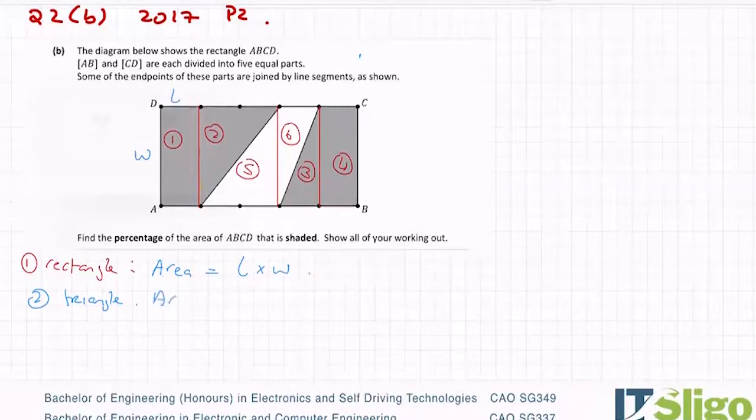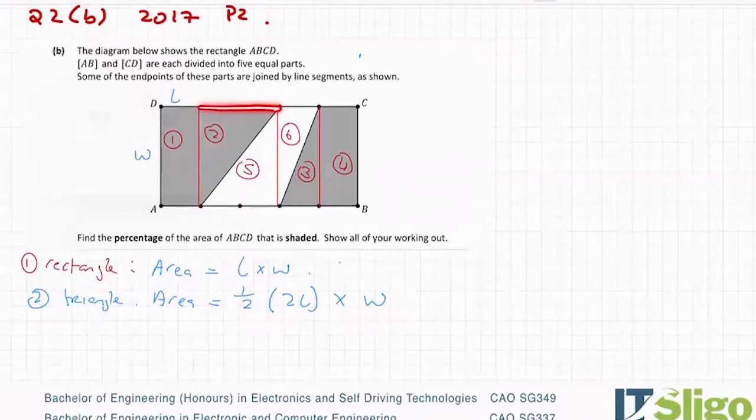So the area of that one is half the base, which is 2 lengths, multiplied by the perpendicular height. A triangle is half the base by the perpendicular height.